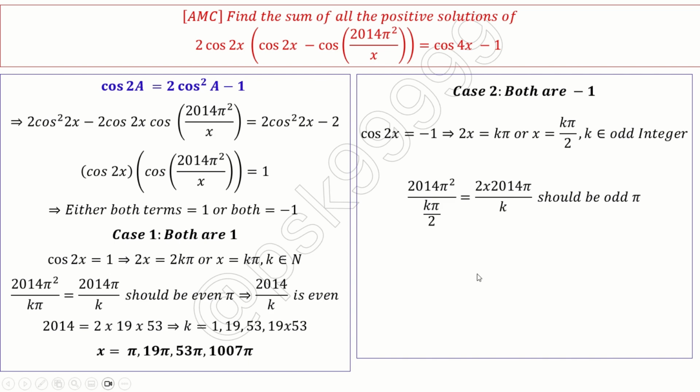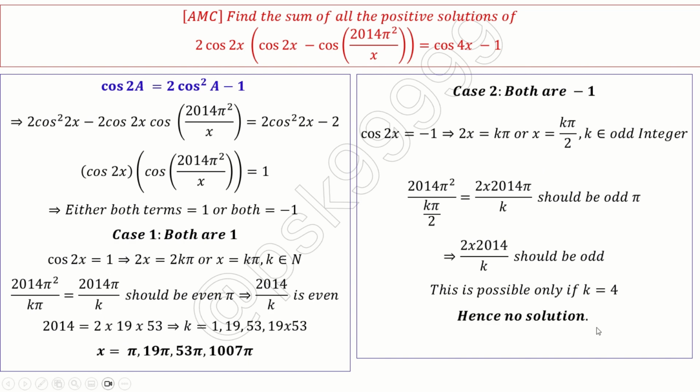How can we get odd pi? What are the possible values? This is possible only if k is equal to 4, because 2014 has 2 into 19 into 53, and the 2 factors need to go. So k has to be 4. If k is 4, this will become 2 pi, so x will become 2 pi, right?